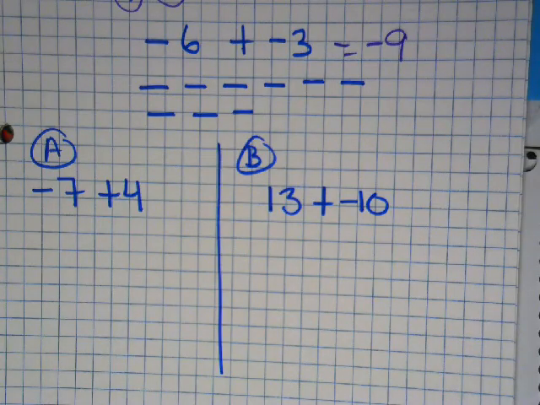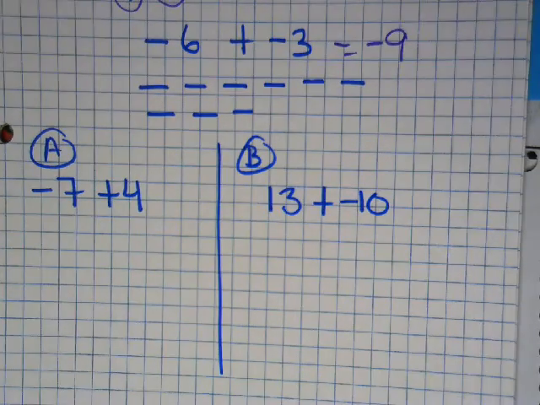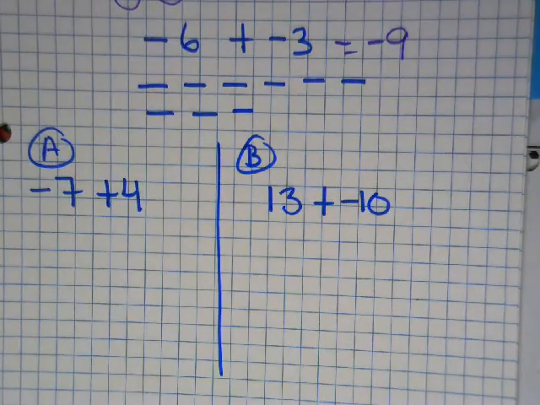So draw 7 negative tiles. 1, 2, 3, 4, 5, 6, 7. How many positive tiles? 4. Circle, circle, circle. What are we left with? Dibújalos.